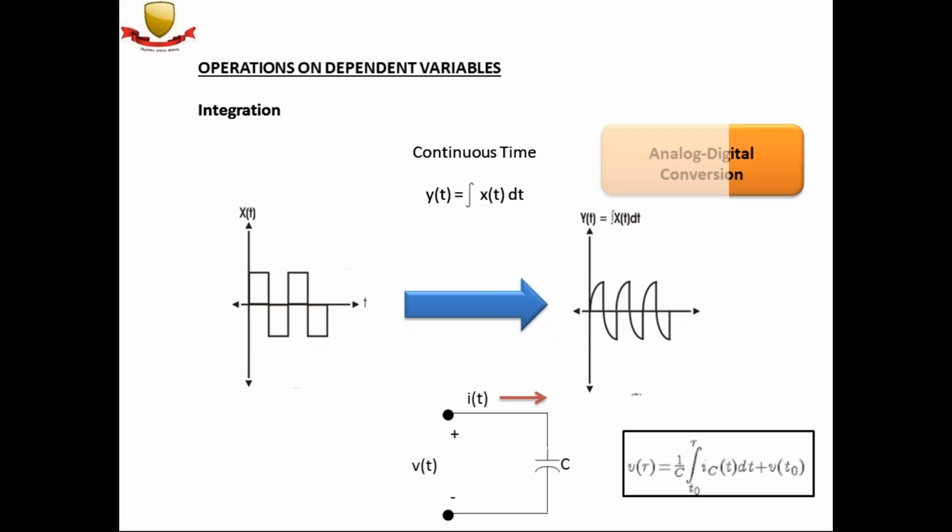Okay, the most popular usage of this integration is for analog to digital conversion, right? Even then, if we talk about real-time scenarios as well, you can integrate a signal representing the water flow, producing a signal representing the total quantity of water that has passed by the flow meter.